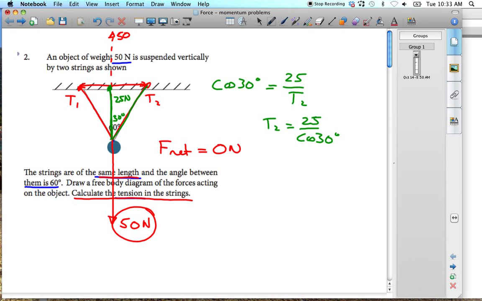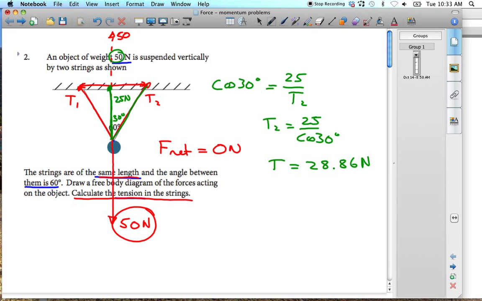When you put that into our calculator, let's get my calculator, we're going to have 25 divided by the cos of 30, and I get 28.86 newtons for the tension. Now let's just check the number of significant figures I've got.